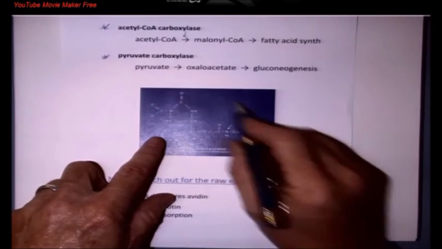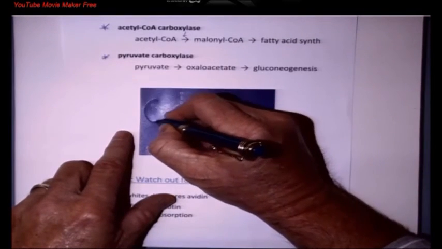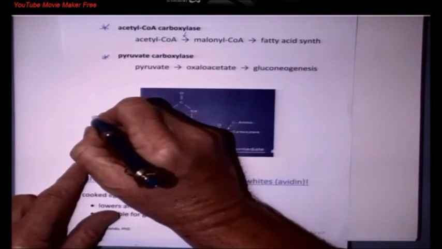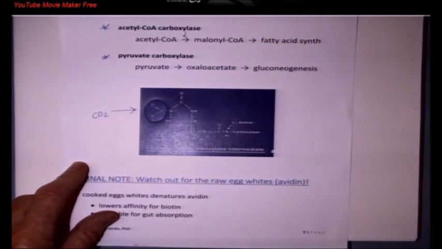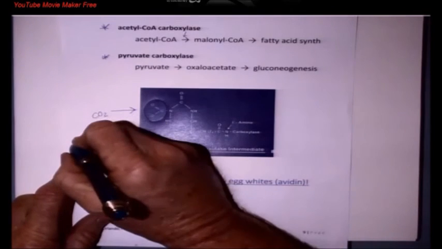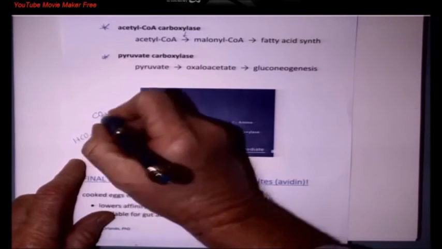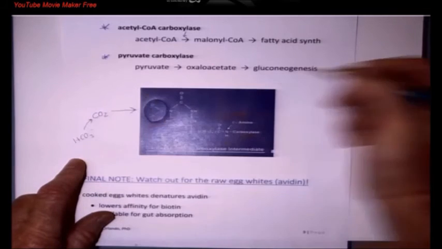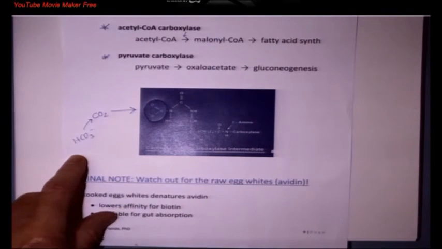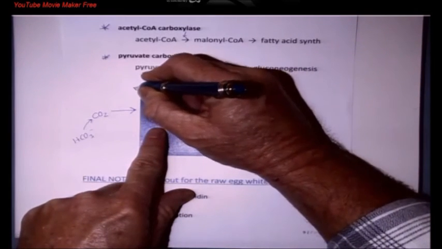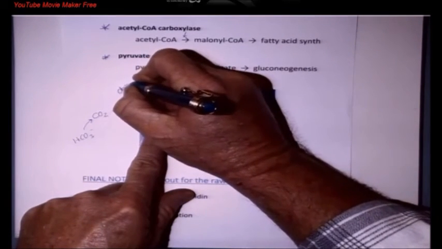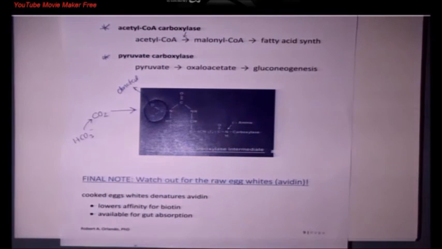So here's what biotin does. This is the biotin molecule, and this is what it does. It will bind CO2. Of course, the CO2 is coming out of the aqueous solution, this bicarb, and it will bind to the biotin molecule, and then this can be donated in reactions.